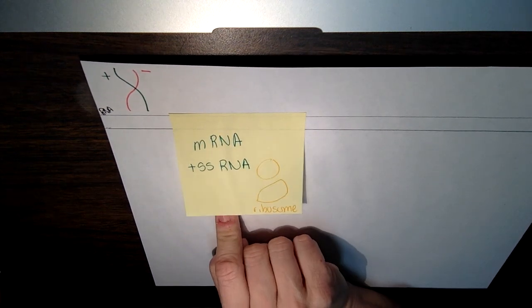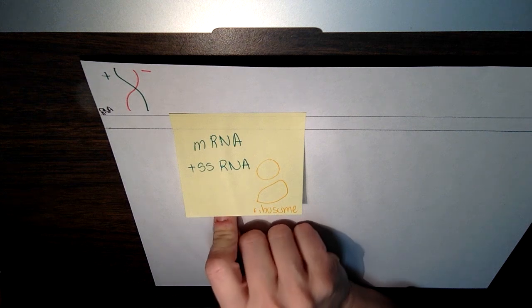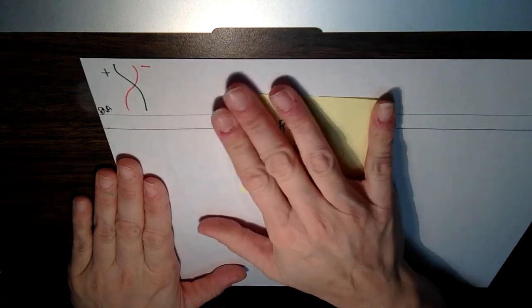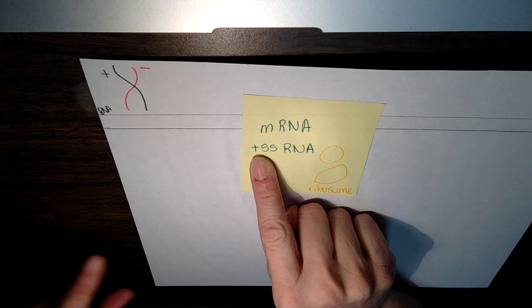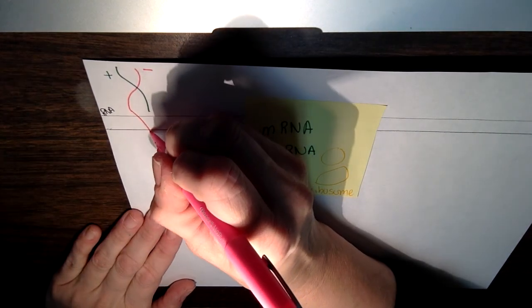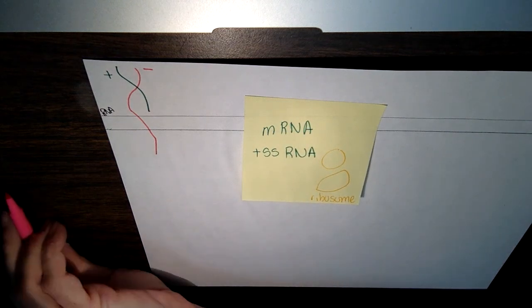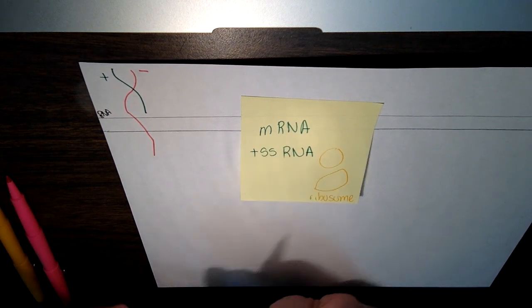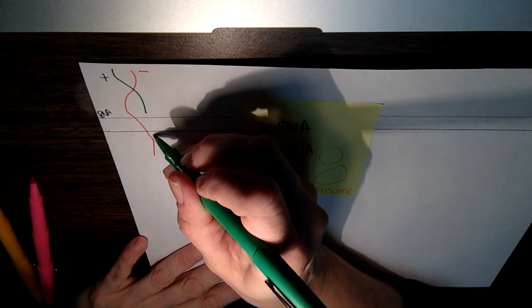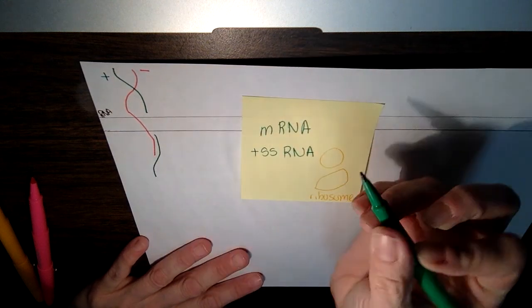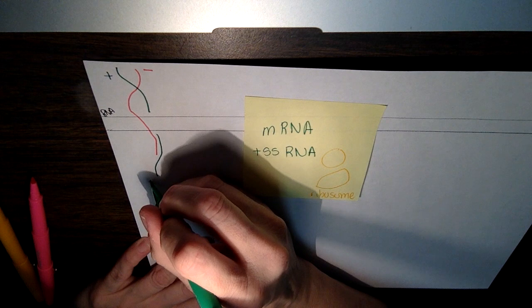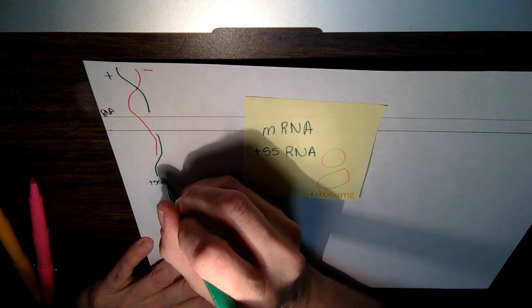And lucky us, if we apply the second rule that a negative strand produces a positive strand, this negative strand will now be our template, and it can make from that template what we need, which is the positive single-stranded RNA.